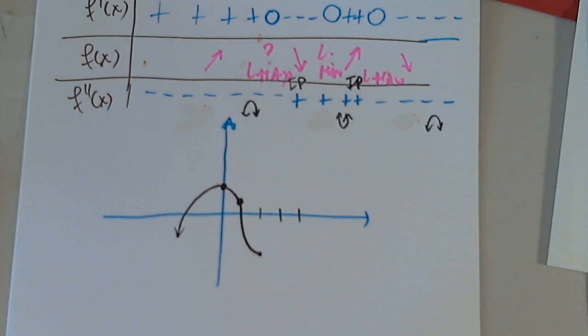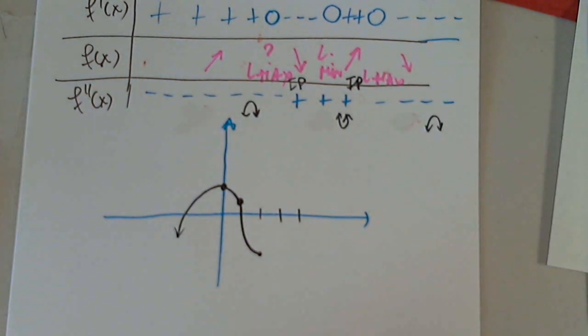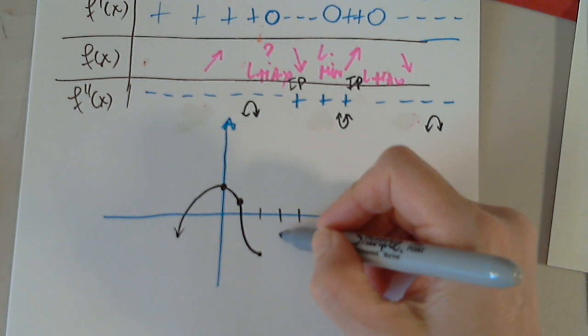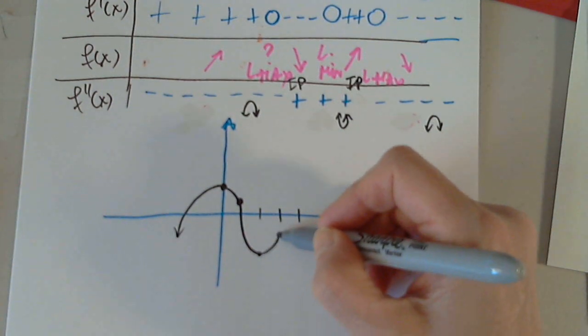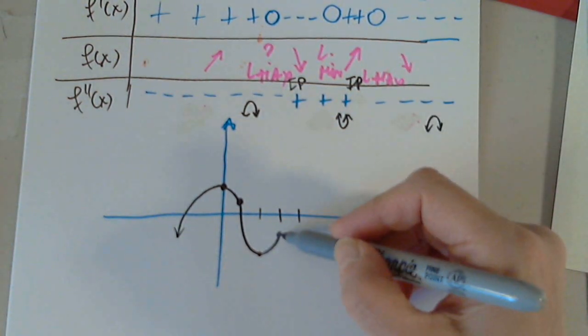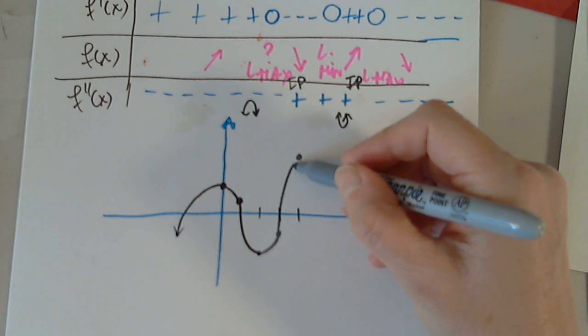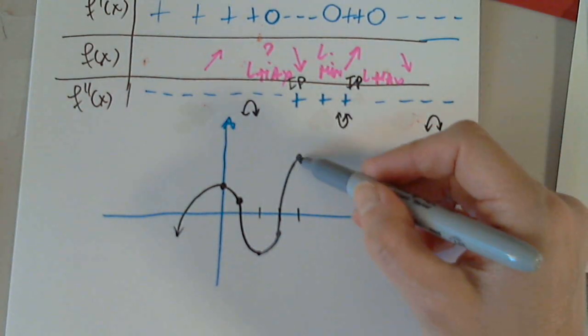But I want to be more accurate and make sure that it's right under 3. So another plus doesn't make any sense there. Okay, so there is an inflection point at 3, fine. And then it will have a maximum at 4, opening down. And then it continues to open down forever.